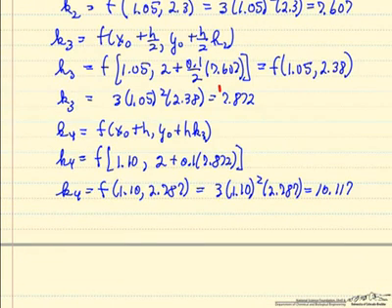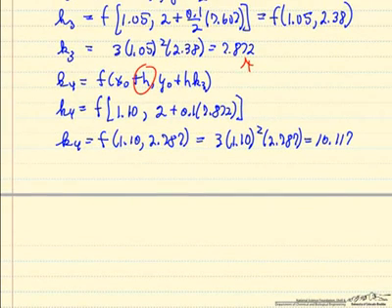So here's the value calculated for K3, where we're now using K2 that we calculated in the previous step. We get the value of K3, and to calculate K4, now we use step size h, so this is 1.10, and we're using K3 in this calculation. Once we have these 4 values, we can calculate y1.